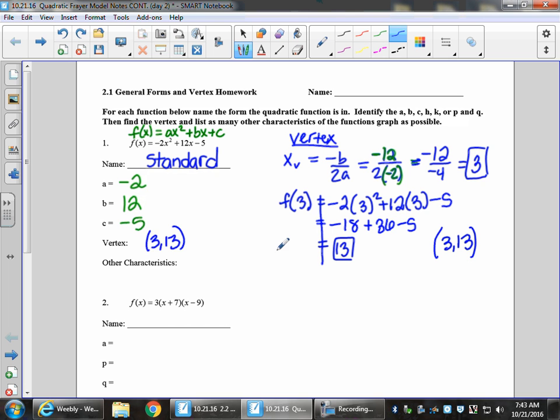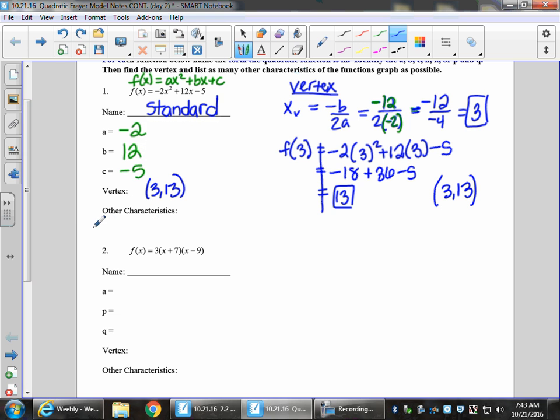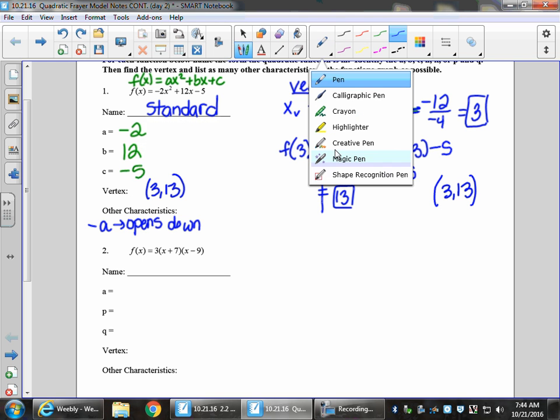What other characteristics can we say? How do you know that? -a. So -a opens down. Any other characteristics? Very good. With standard form, I do know my y-intercept.